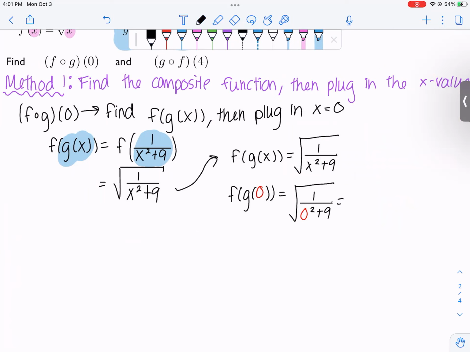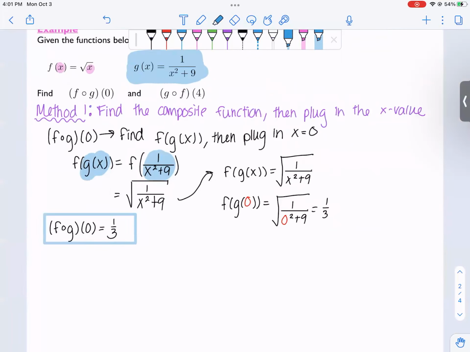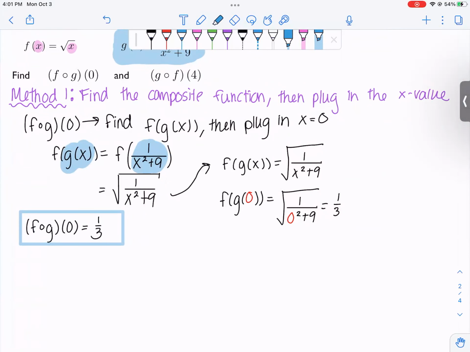This simplifies down to the square root of 1/9, which is 1/3. So f composed with g of 0 is 1/3. And that is one way for us to find that value: finding the composite function first, then plugging in x equals 0.